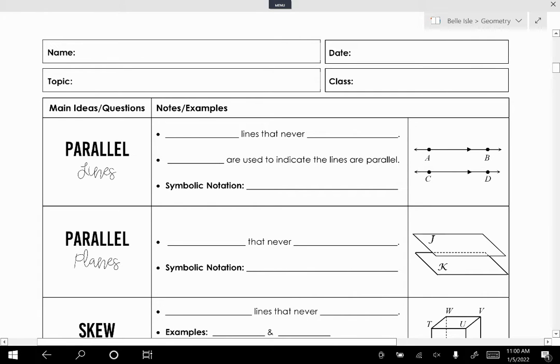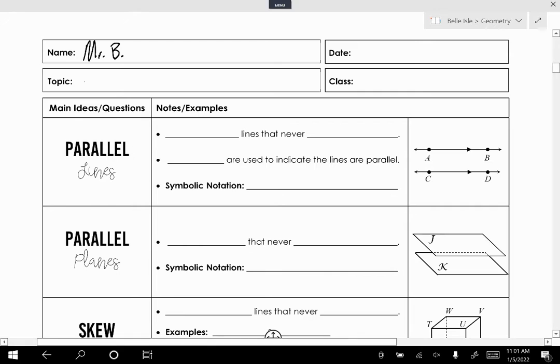Okay. So we are going to start moving towards working with quadrilaterals and other polygons. We're going to start off today by talking about parallel lines, transversals, and angle relationships.